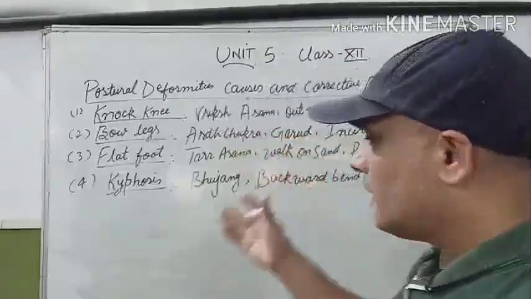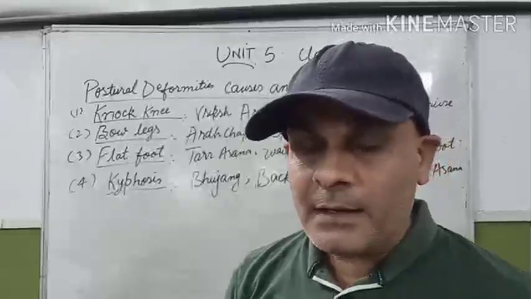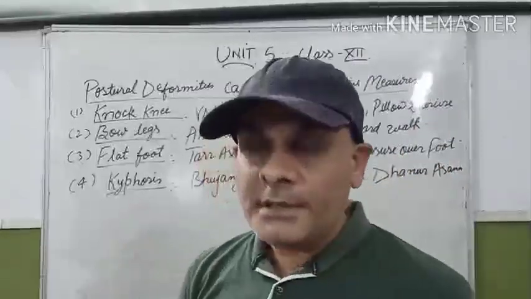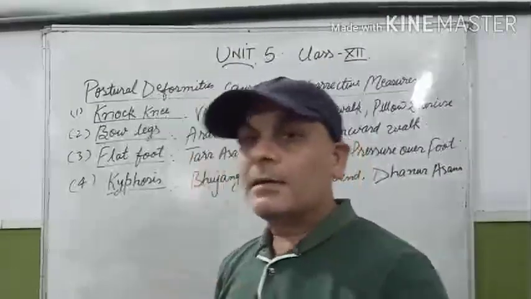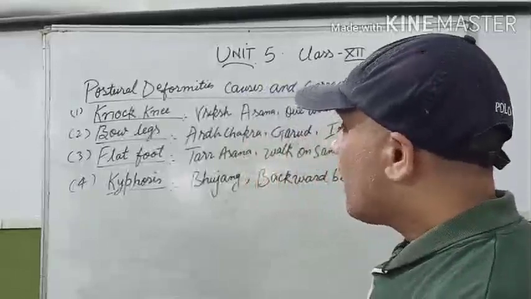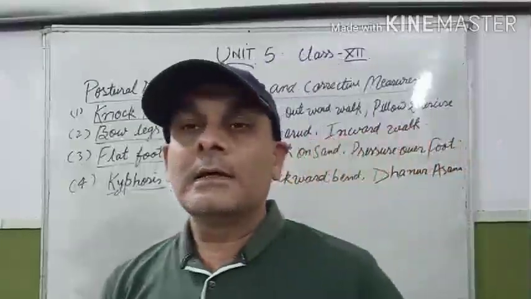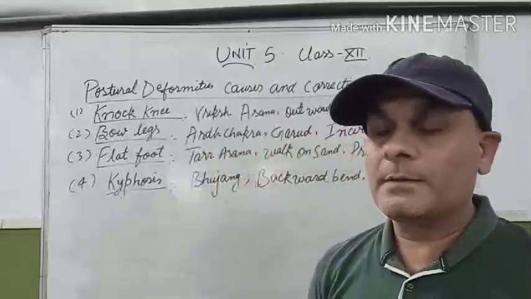Whether it is a defect in your legs, in your cervical spine, in your lumbar region, or in simple words your back, or a defect in your hands, these defects are technically termed postural deformities, right?